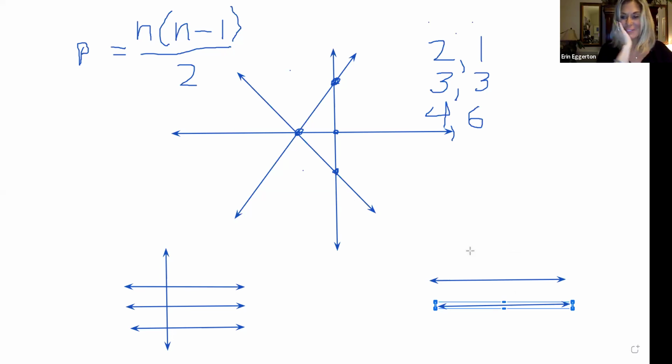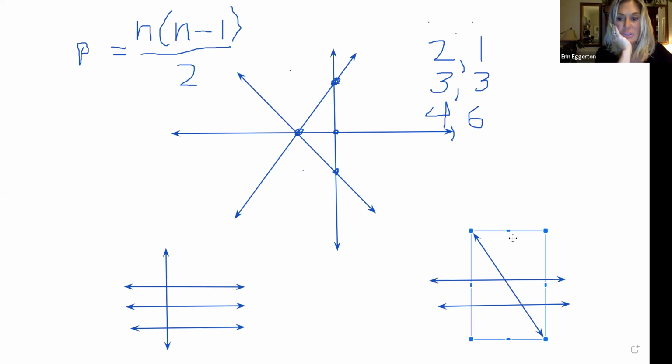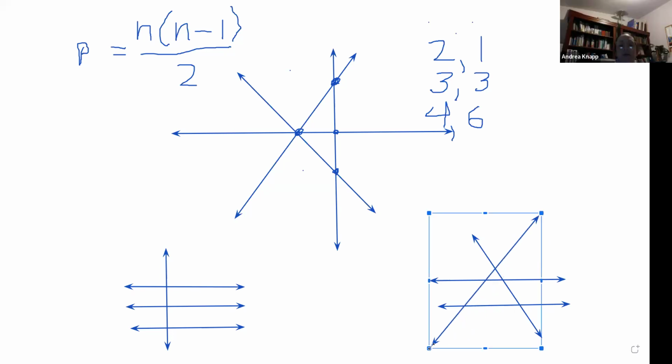More of a diagonal, right? Two diagonals. So that gives me 5 intersections. 5. Okay, is there anything I could do to get more than that?